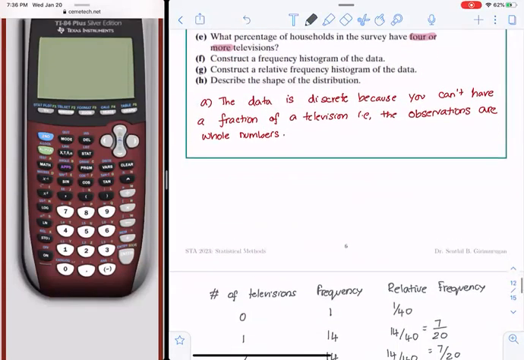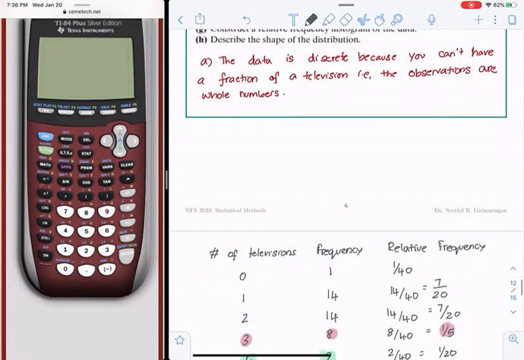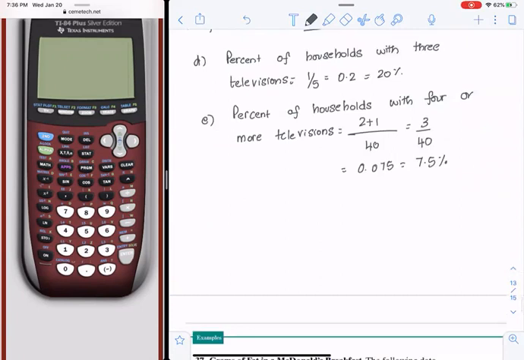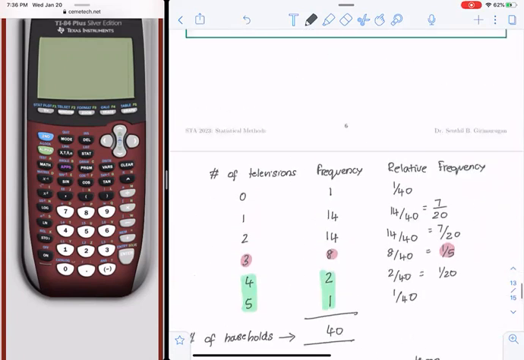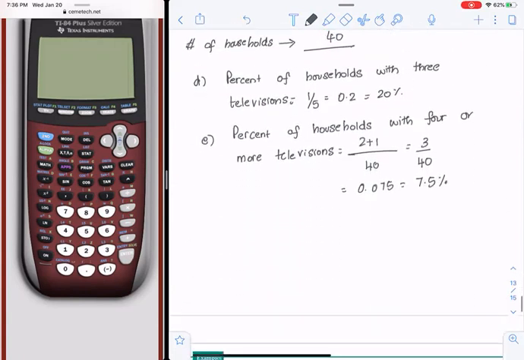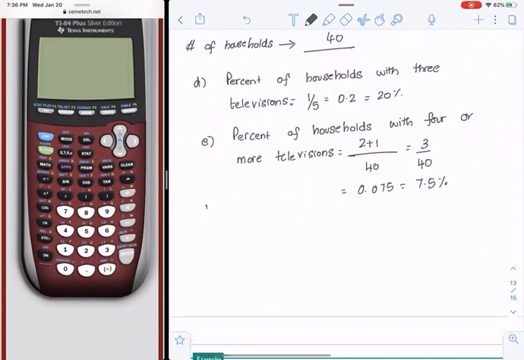So here it says construct a frequency histogram of the data. Now, it wouldn't make sense for us to draw a proper bar here because we didn't define classes, we didn't define class widths. So for the frequency histogram, instead of drawing bars, I'm just going to draw a thin line. So 0, 1, 2, 3, 4, 5.